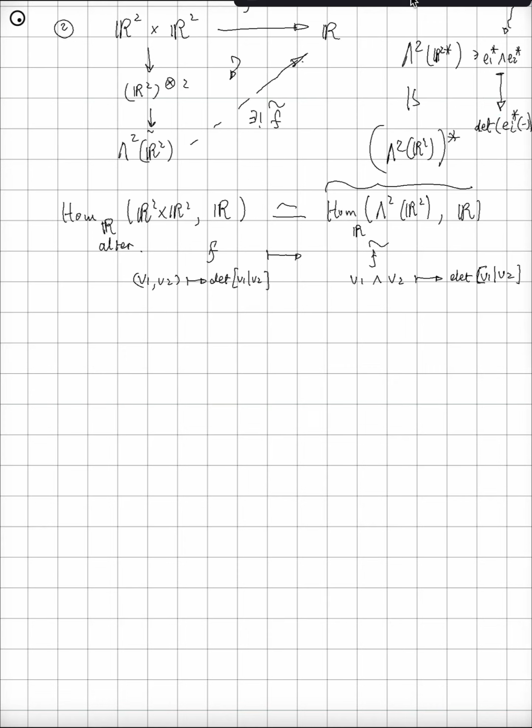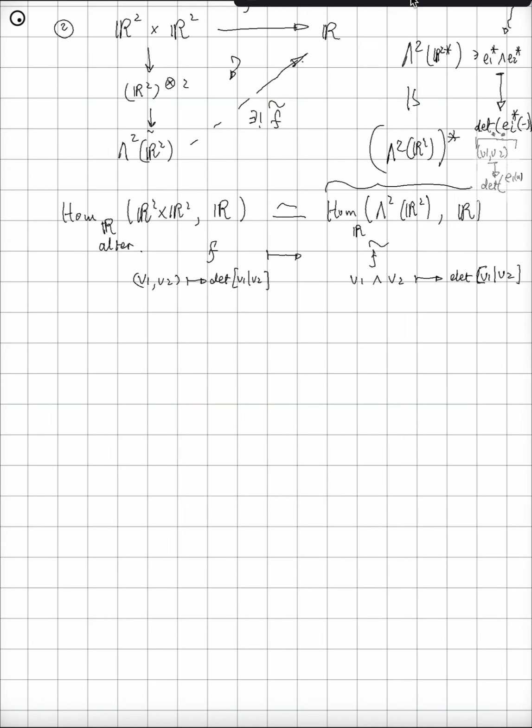And so when you put in, this is indeed the map that maps V1, V2 to determinant of E1, V1, E1, V2.